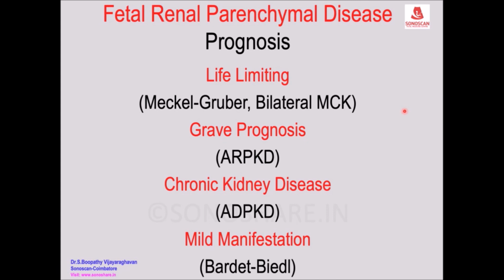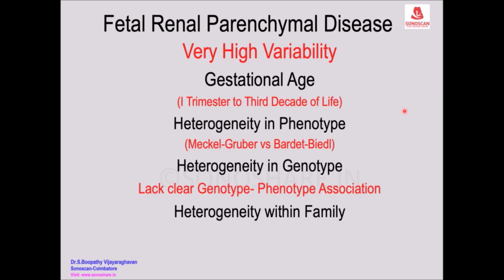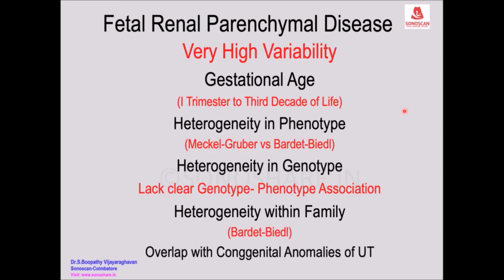A typical example is Bardet-Biedl. Within the family itself, the penetrance varies greatly. What is classical of renal parenchymal disease is very high variability. There is heterogeneity within the family and high variability in penetrance, like Bardet-Biedl.